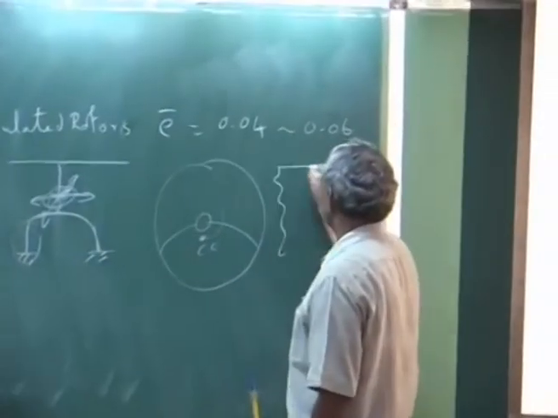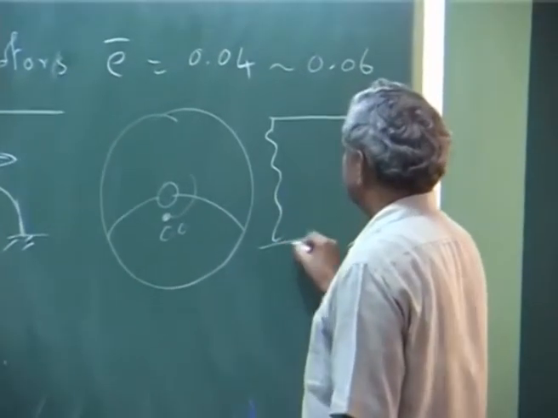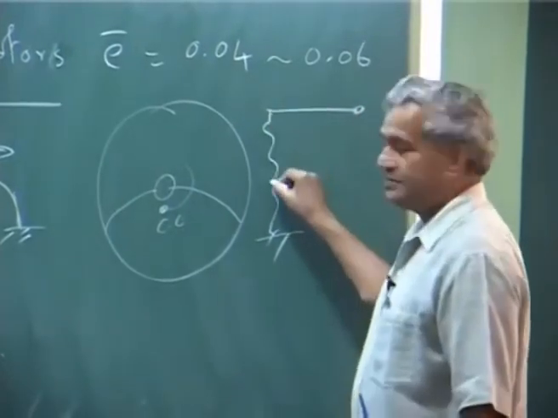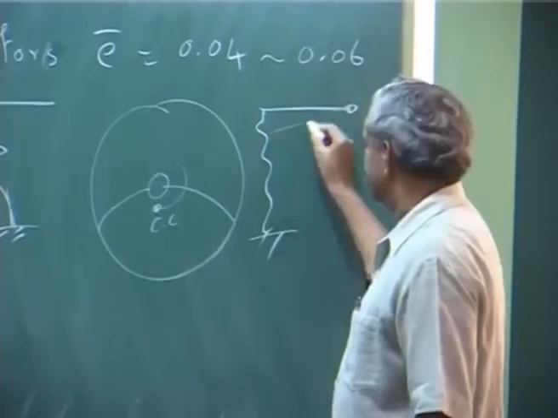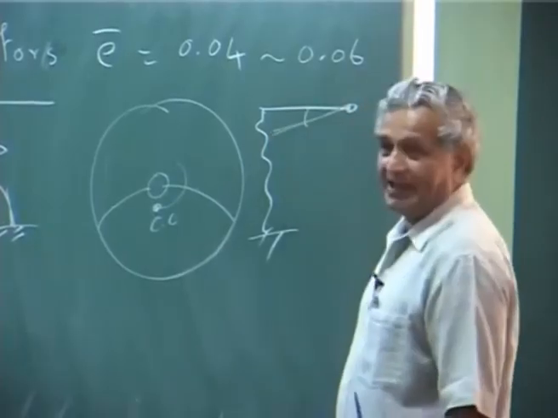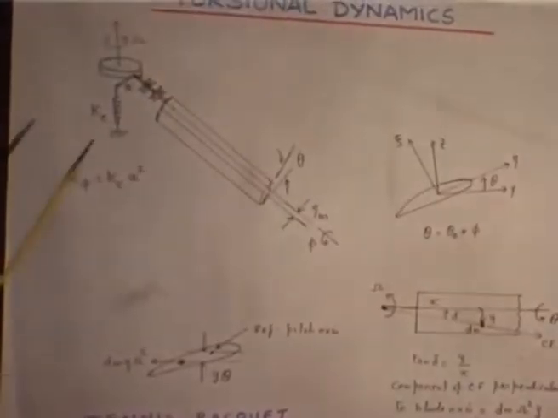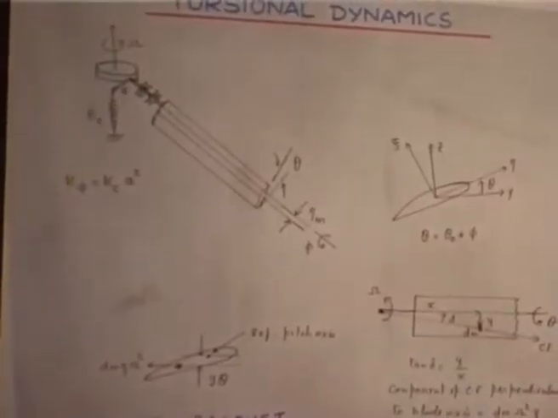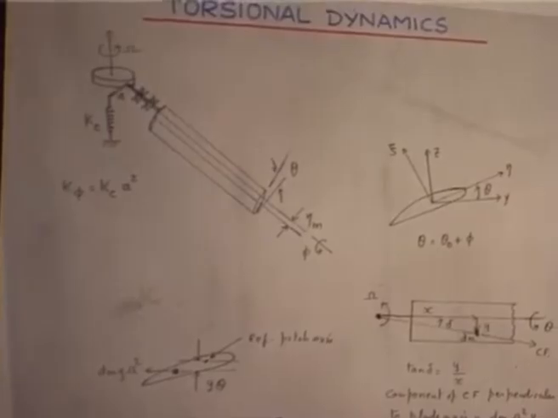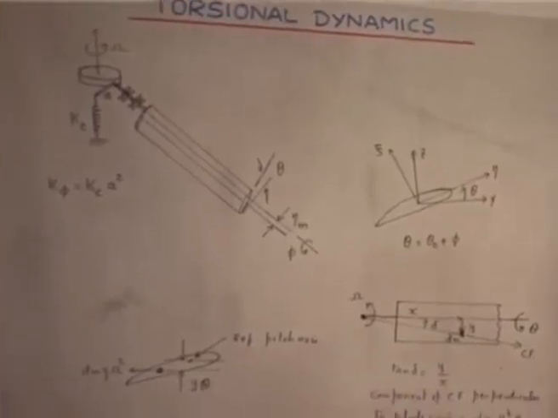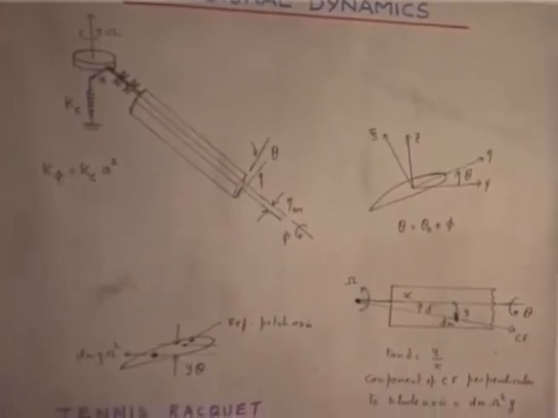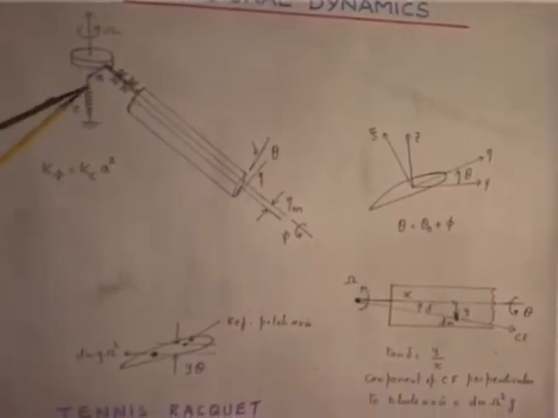If you have a hinge, then you know that this into this distance is the angle, because if you take it in terms of angle, that will be control stiffness into A square, that offset. Then you can have bearing torsional stiffness, you can add; I have put everything into equivalent control stiffness.